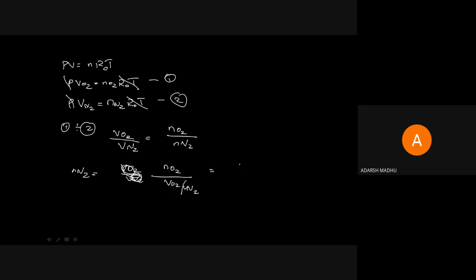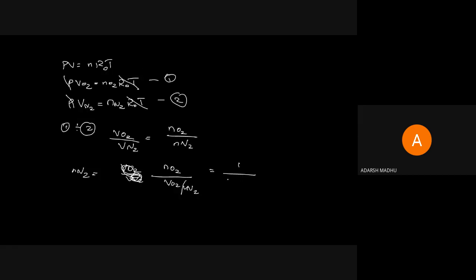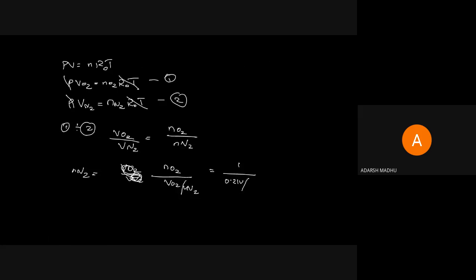So NO2 is 1. We have taken NO2 as 1 mole. VO2 is 0.21 V divided by 0.79 V, right? Then V and V get cancelled.